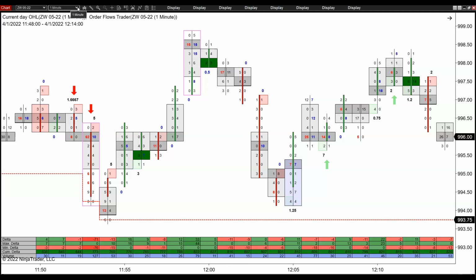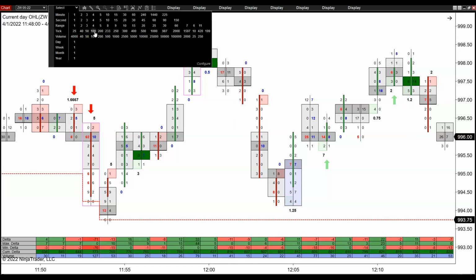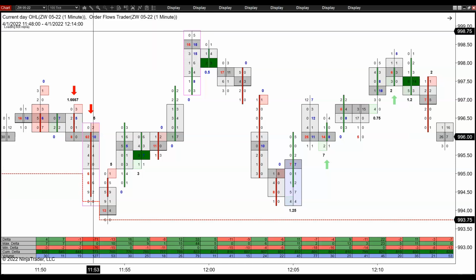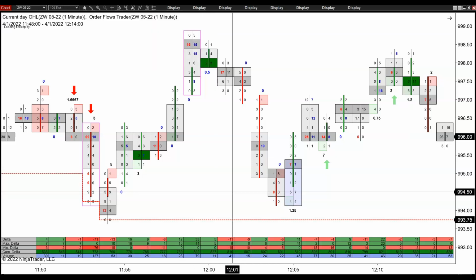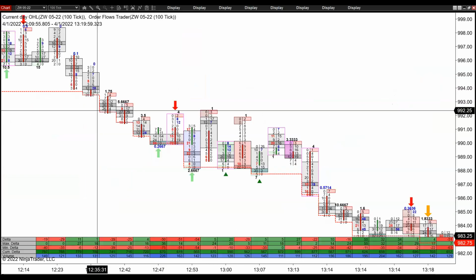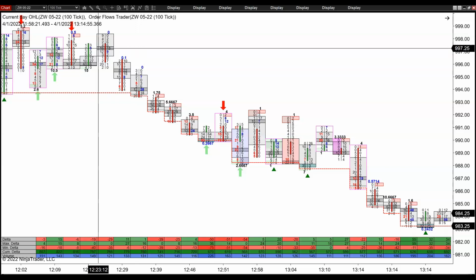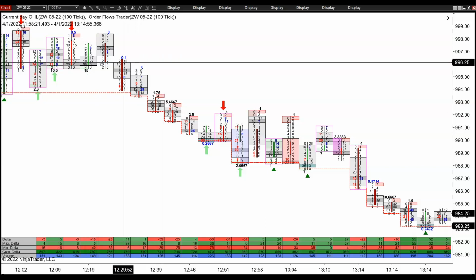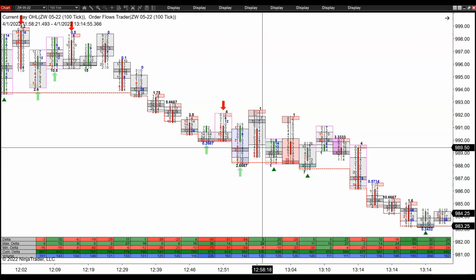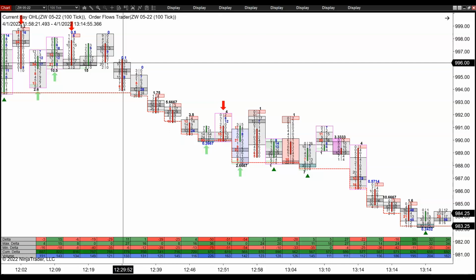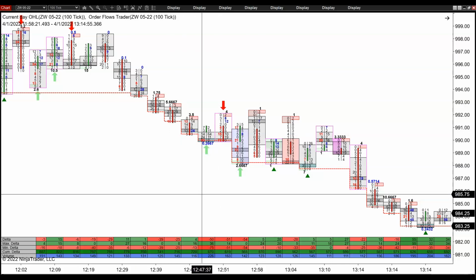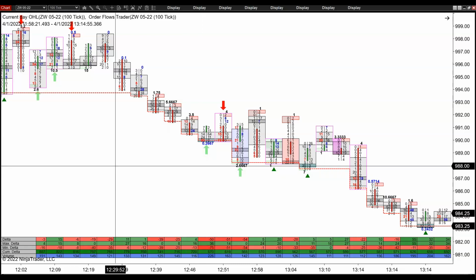But on something like wheat, I use 50 and I use 100 range charts. If you were to convert to a 100 range chart, okay, now you're getting some decent bars. You can start to see things a little bit clearer, especially with the value areas gapping down like this.